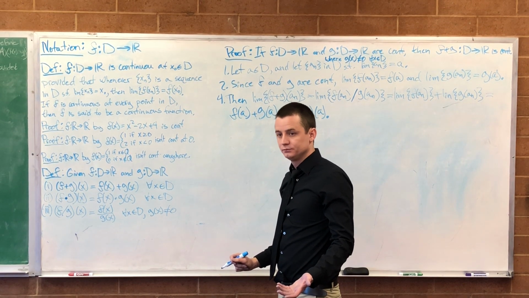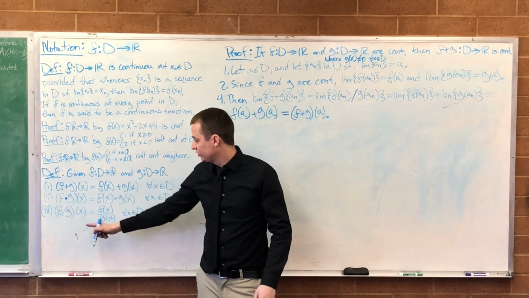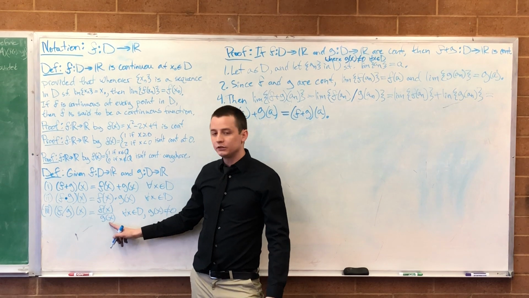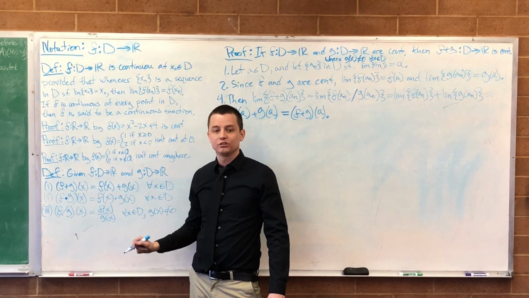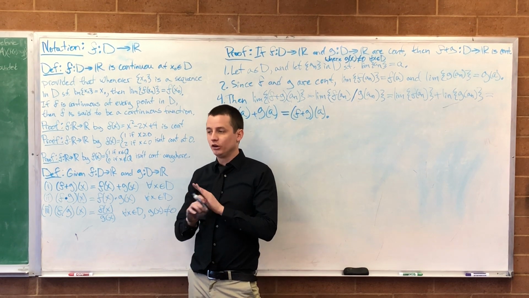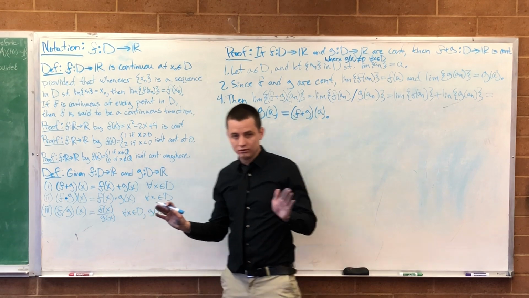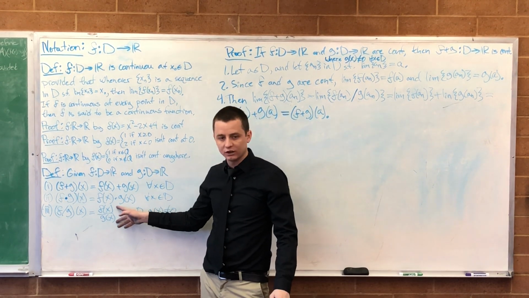You remember that? We're back to 2.1. We proved polynomials were continuous. Now I show that as long as the bottom function is never 0, the quotient of two continuous functions is continuous, right? Have you ever heard the term a rational function? A rational function is just a quotient of polynomial functions.